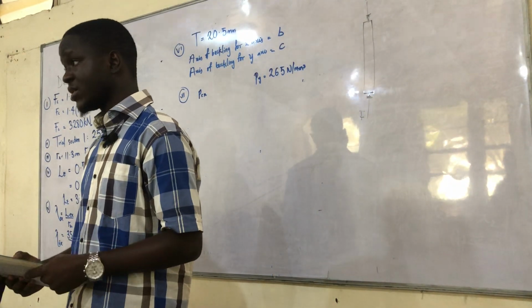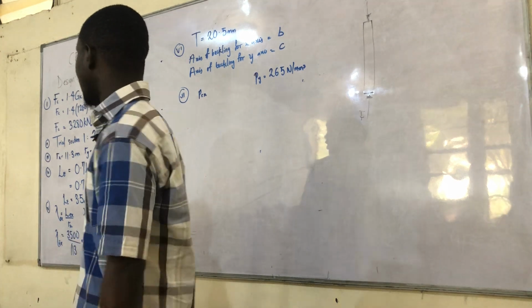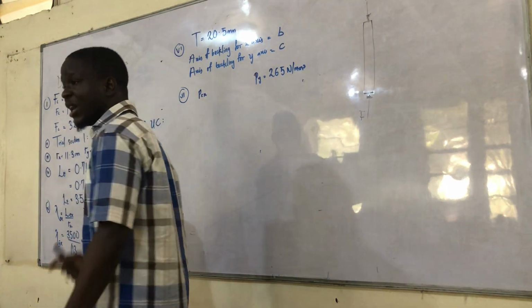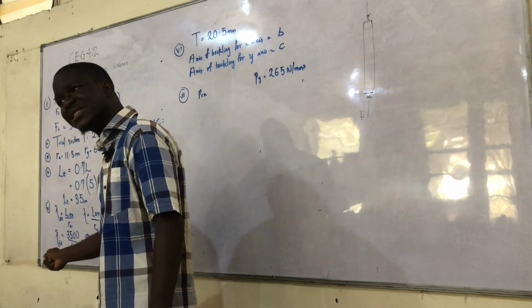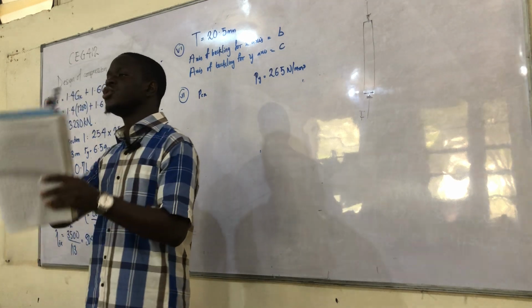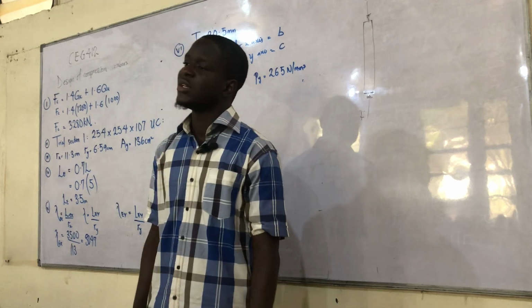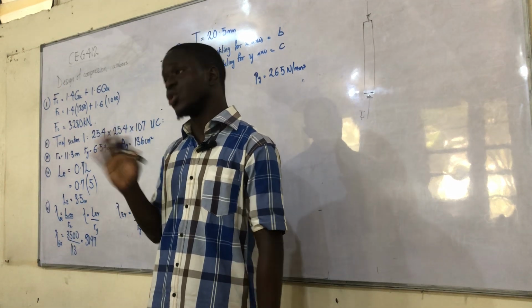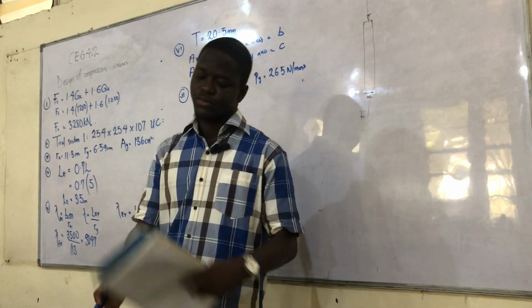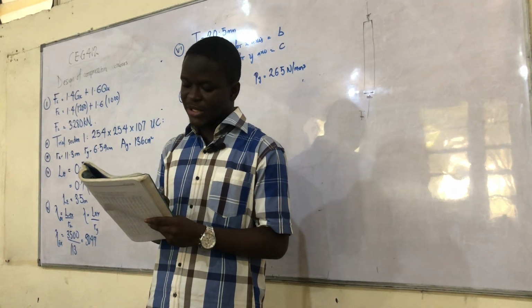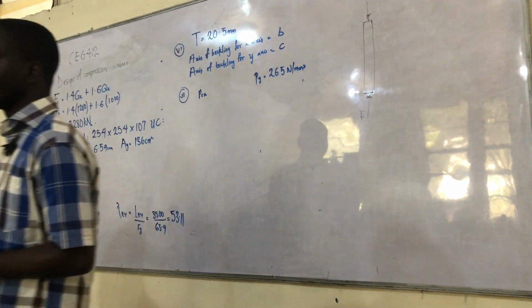Good. Now, your lambda. What's your lambda for X? Go to your lambda table. Please, you know the table you are using, yes or no? For 30, do you have 30.97 on your table?